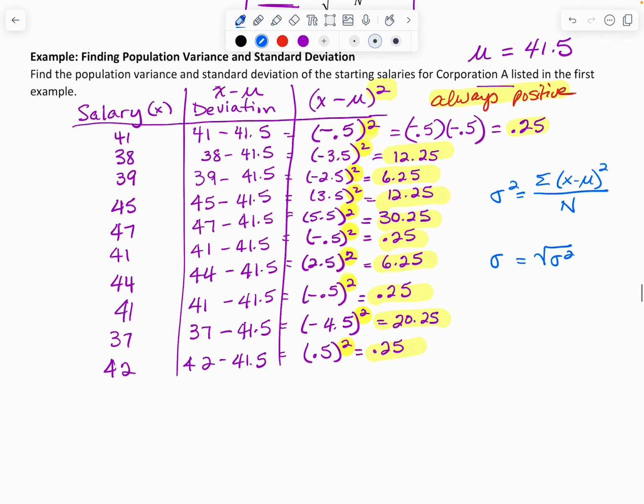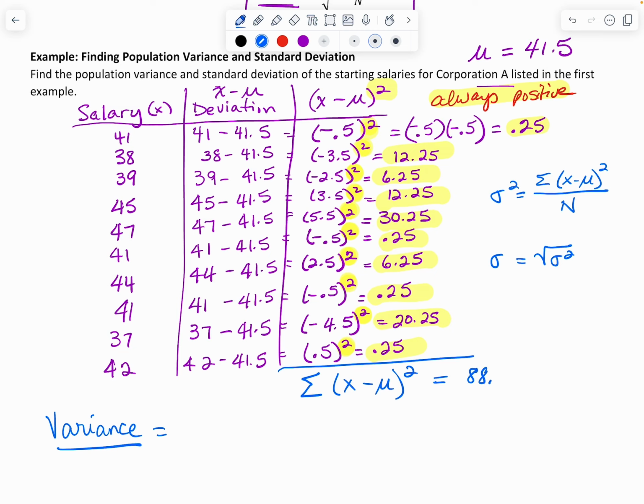So to find my variance, I need to sum this last column. This is going to be the sum of x minus mu squared. If I sum that up, 0.25, 12.25, 6.25, and so on, I end up with 88.5. Again, use your calculator to do this. When you're showing work, this is the kind of work I need to see. I don't need to see what you added on your calculator, but I do need to see that the sum was equal to 88.5.